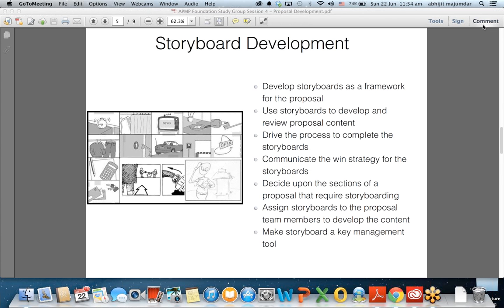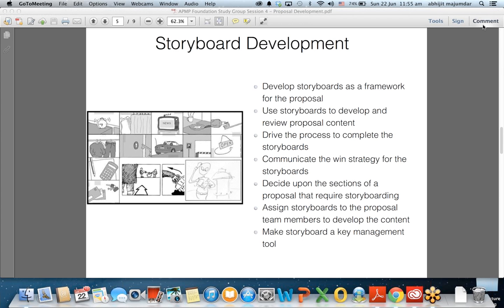You can always use the storyboard as a management tool, because your storyboard will tell you that this storyboard is being assigned to this particular proposal writer, this storyboard is addressing this particular evaluation criterion, this storyboard is for showing this particular strength, or for showing our understanding of the customer's specific requirements, business drivers and expectations.